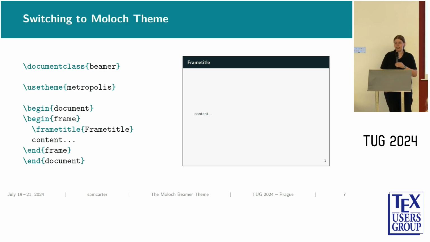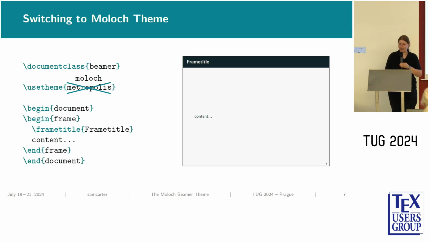And in most cases, probably 90% of the cases, all we need to do is replace the name of the theme from Metropolis to Moloch. That should work in the normal, simple presentation case. That's really simple. In the remaining few cases, there might need to be some further adjustments.